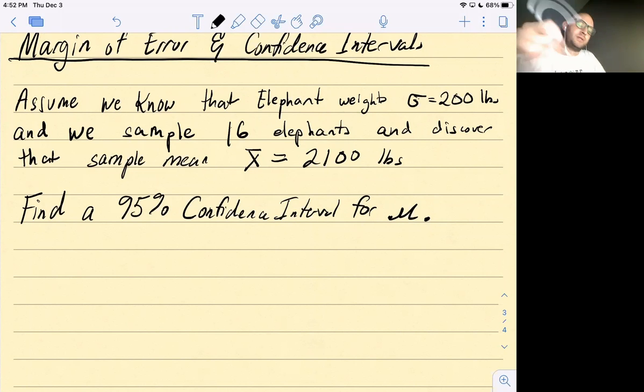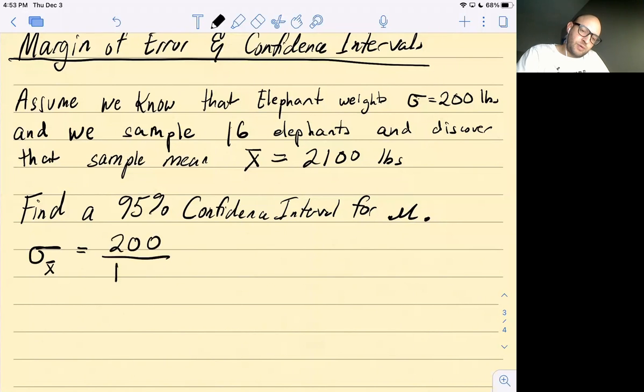So how do we go about this? We say, if I want a 95% confidence interval, first let me figure out what my sigma X bar is. That's going to be 200 over the square root of 16, which is 50.